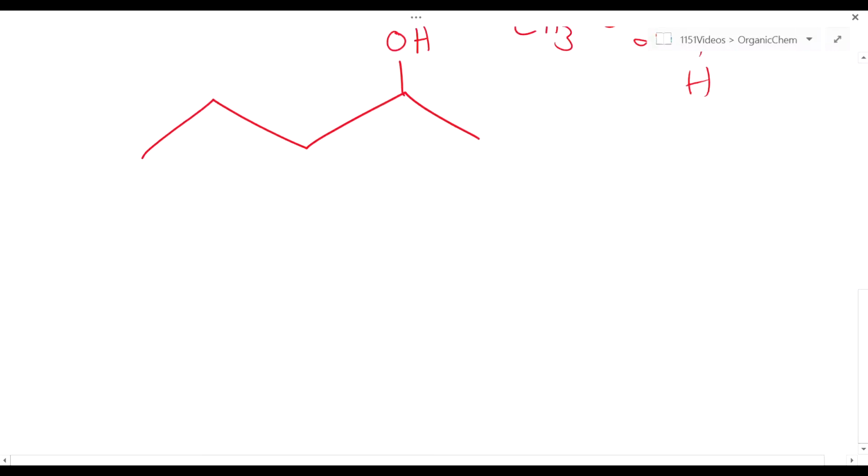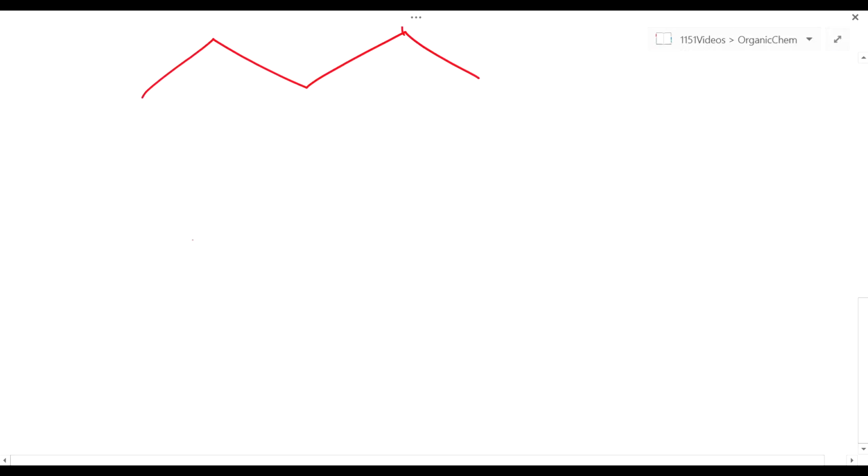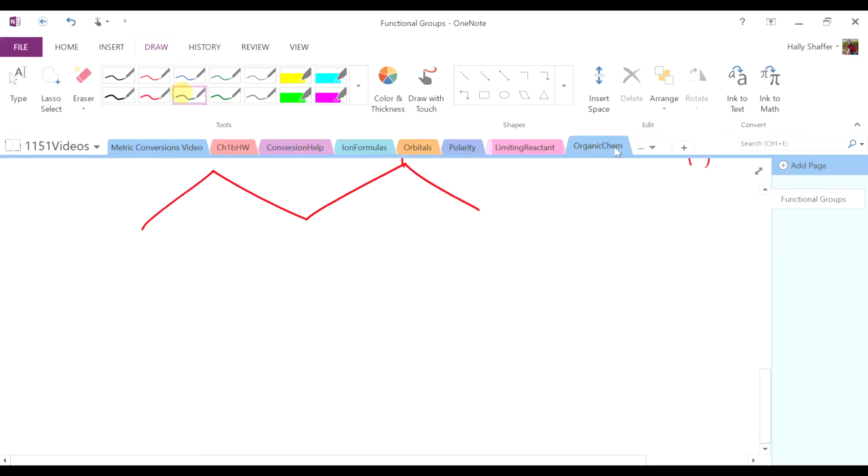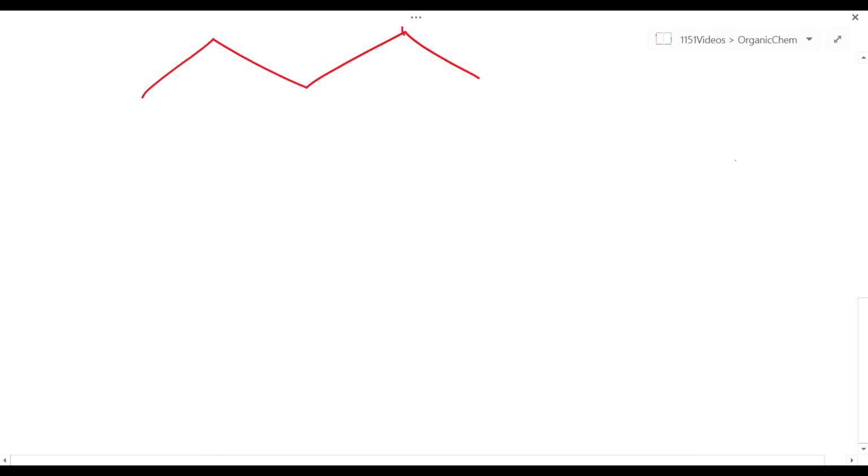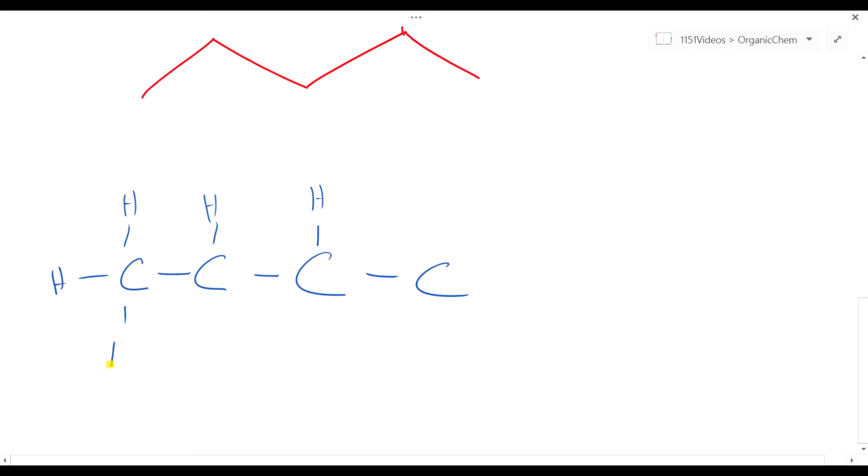Let's make another, more complex one. Same thing, and I'll go back to the blue. Let's just draw 4 carbons. I'm going to draw the hydrogens out on this one, so it's still an organic hydrocarbon, but now we're adding some kind of functional group.